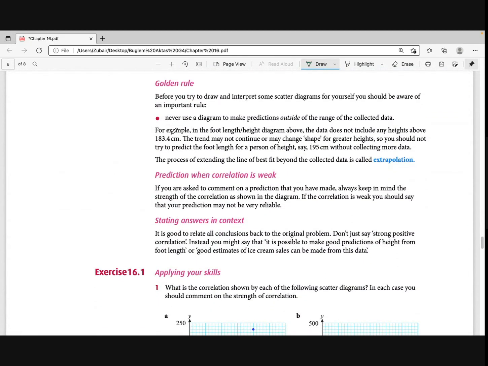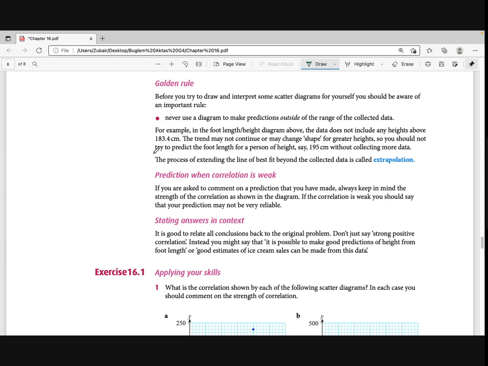For example, in the foot length, the data does not include any height above 183.4. The trend may not continue or may change shape for greater heights. Now, the person who has actually collected this data may also give this point, that this particular graph is from this height to that height.